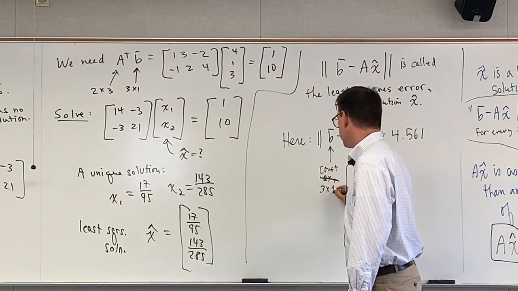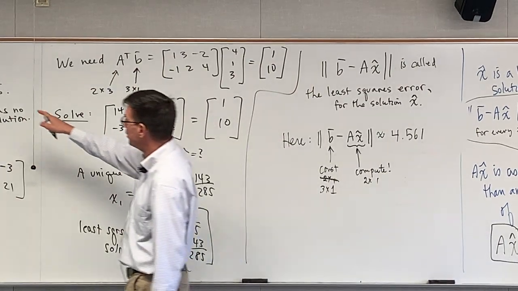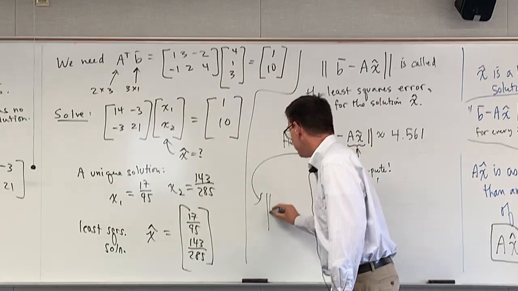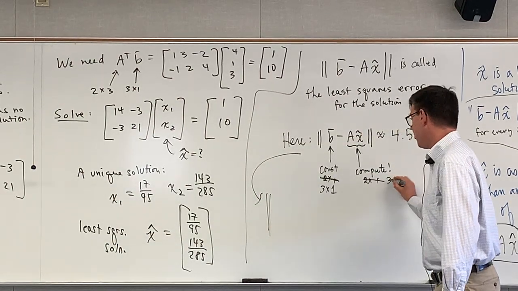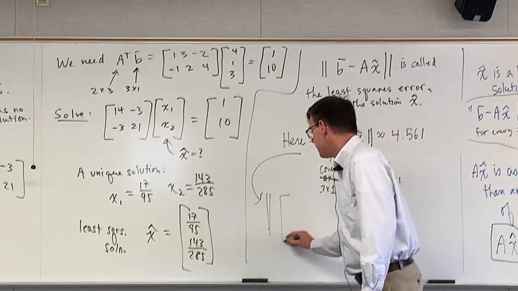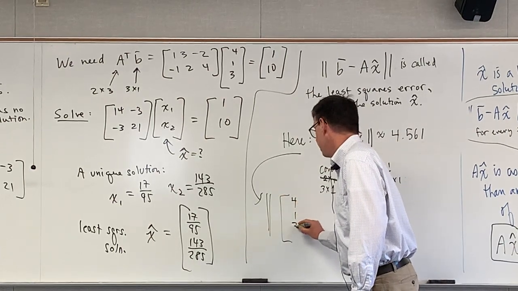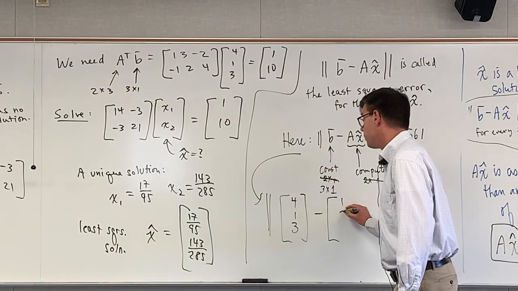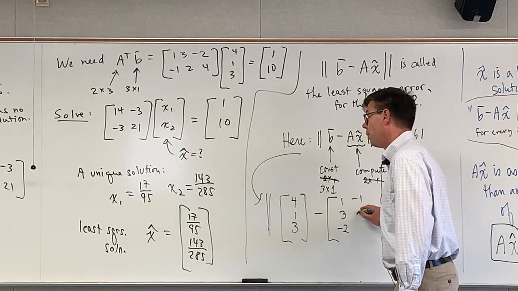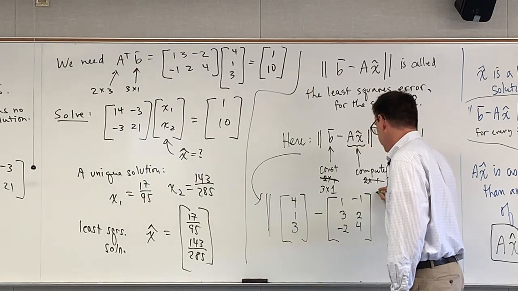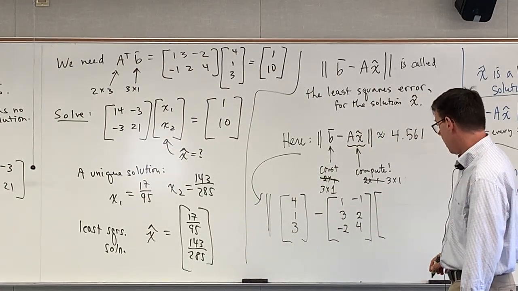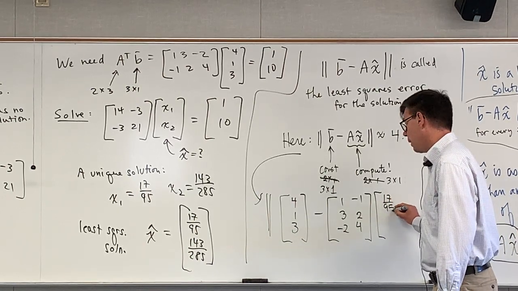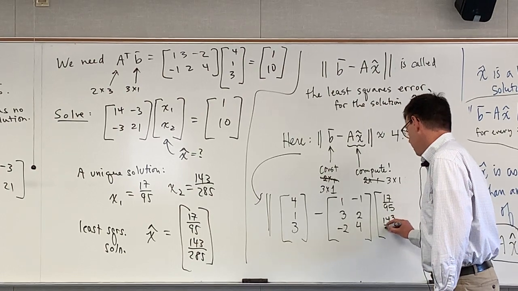I'm losing my space. That's just the original B. Maybe I should write this down. So B is 4, 1, 3, minus the matrix A, the original A, which is 1, 3, negative 2, negative 1, 2, 4, times 17/95, 143/285.